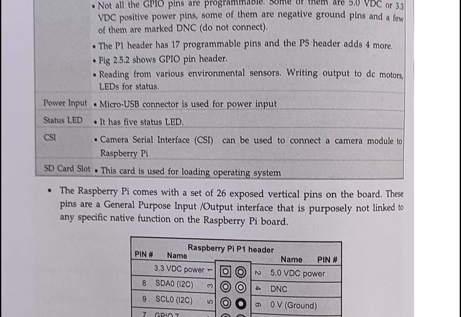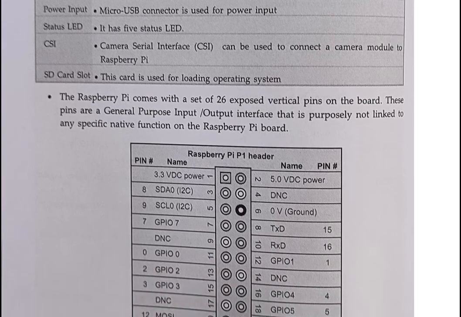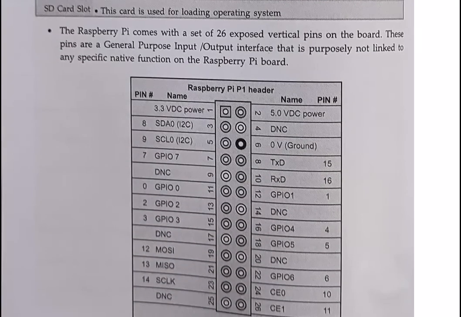The Raspberry Pi comes with a set of 26 exposed vertical pins on the board, and these pins are general purpose input output interfaces that are purposely not linked to any specific native function on the Raspberry Pi model. So these are the header pins that we can use for various purposes.